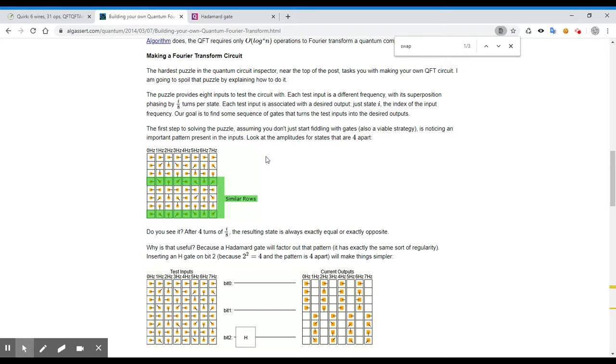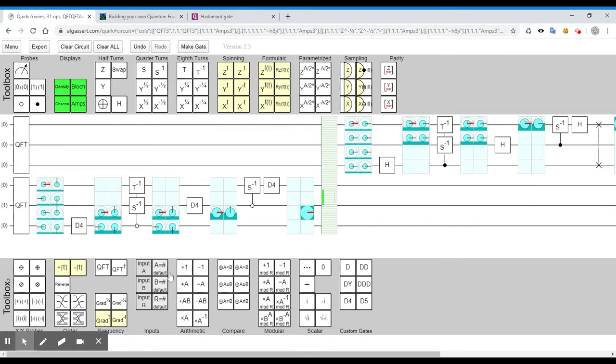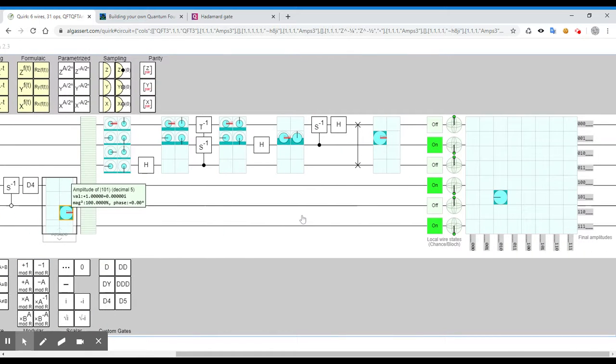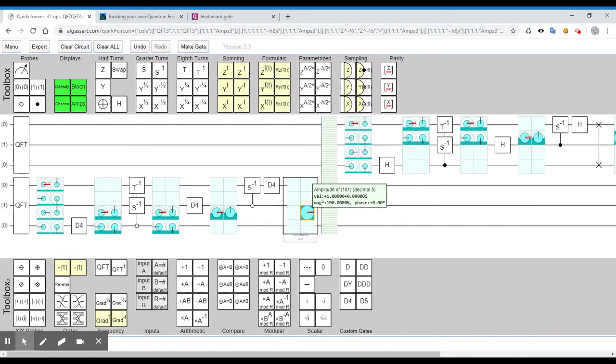But maybe what I should do is step back for a second and think through that a bit more and try to understand what the Hadamard is really doing and what I want to happen. What's the behavior that I want to correct? So where is the swap happening exactly? Maybe that's the best way to approach it.